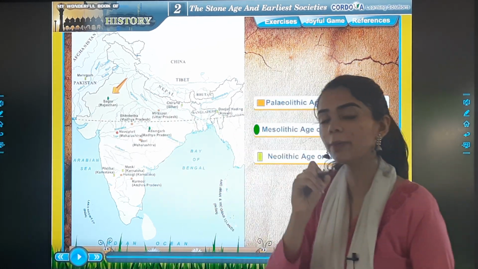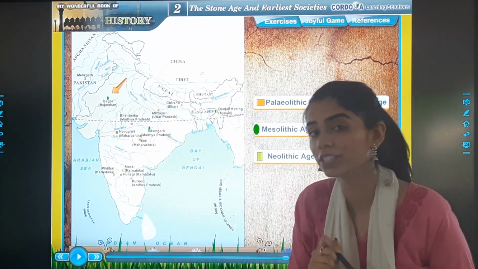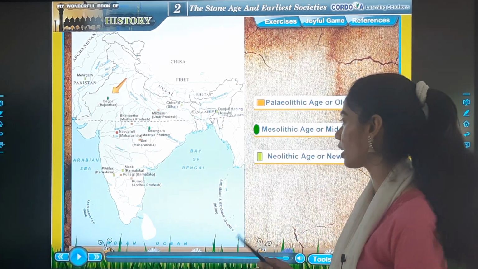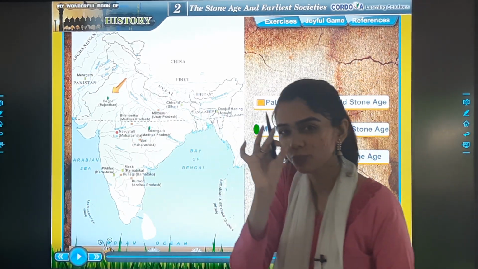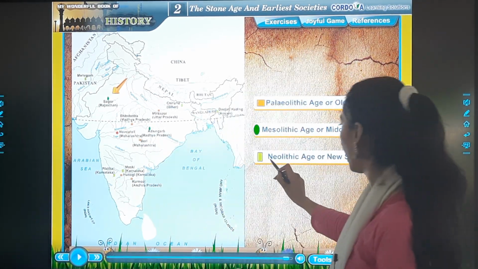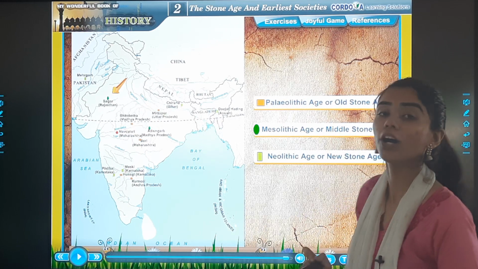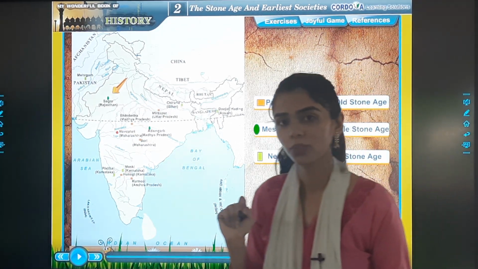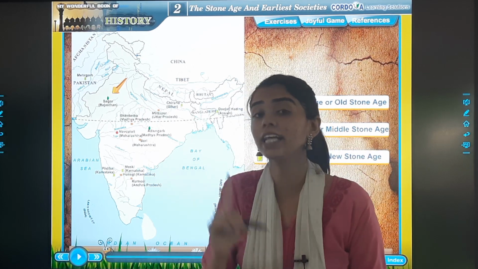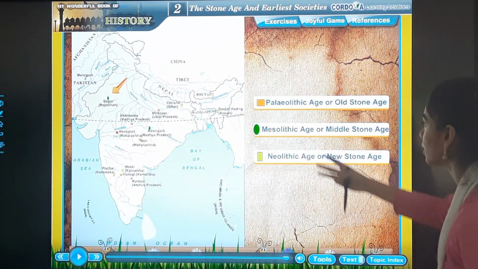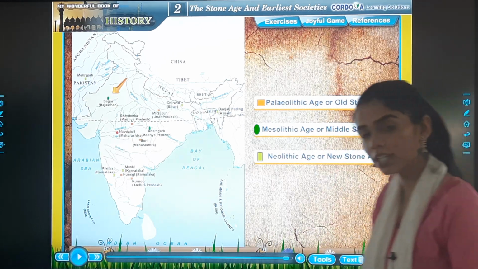As you can see in the map, I would suggest you look in the textbook. आप textbook में देखेंगे तो आपको ज़्यादा clearly पता चलेगा because it is written very small. ये देखो there is orange, green and light green, that is for Neolithic age, also known as the New Stone Age. Okay, so जो हमारा first है that is the Paleolithic, उसे भी divide किया गया है 3 stages में, that we will discuss now.